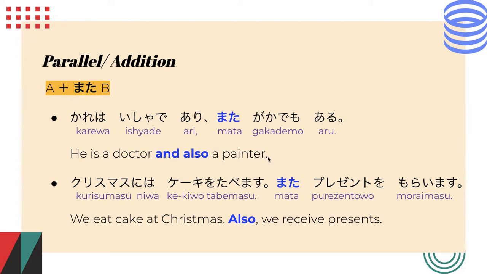To say this in Japanese would be 彼は医者であり、また画家でもある。So sentence A is 彼は医者であり、he is a doctor. また, and also, sentence B 画家でもある。A painter. He is a painter.